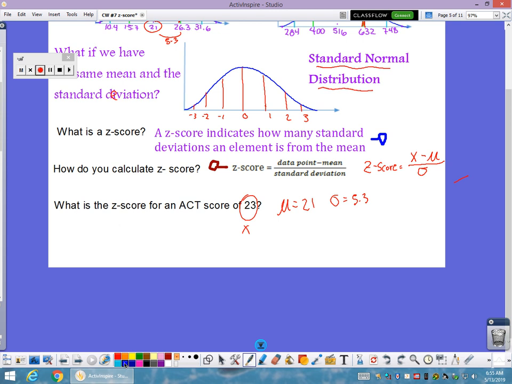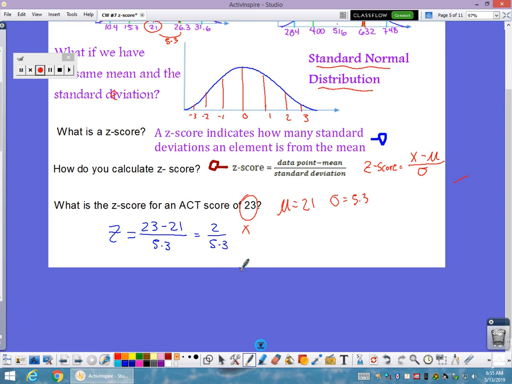So we are going to say, all right, the z-score is equal to data point minus the mean, minus 21, over the standard deviation. Okay, so subtract those, we get 2 over 5.3.